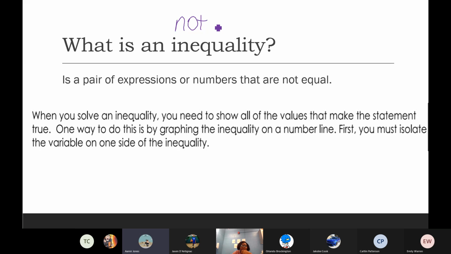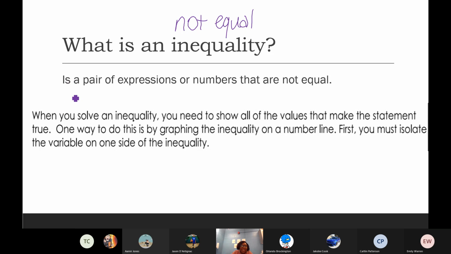Not equal. Very good. Not equal. Okay? So when we're working with inequalities, we're going to find that not just one answer, we can sometimes have more than one answer. Okay? There's lots of answers to make a statement true in an inequality.